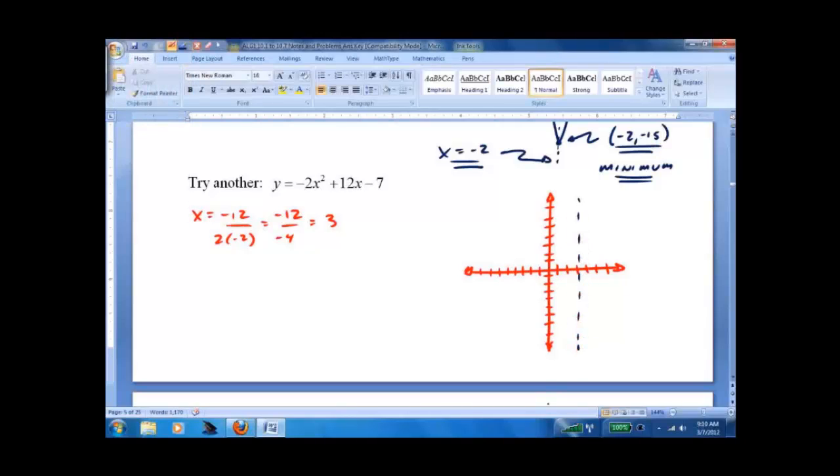I should label that now, but I'm not going to because I want to wait and see what else is going on. Plug it back in.